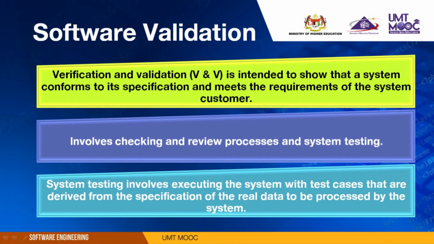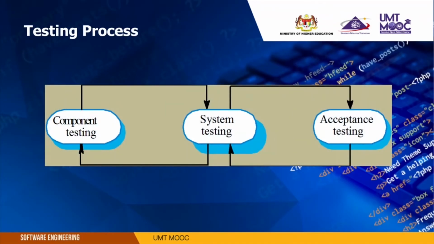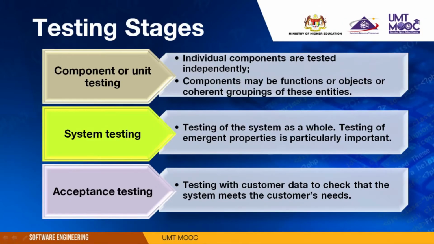System testing involves executing the system with test cases that are derived from the specification of the real data to be processed by the system. The testing process will start from the component level to system integration and end with the user acceptance test.